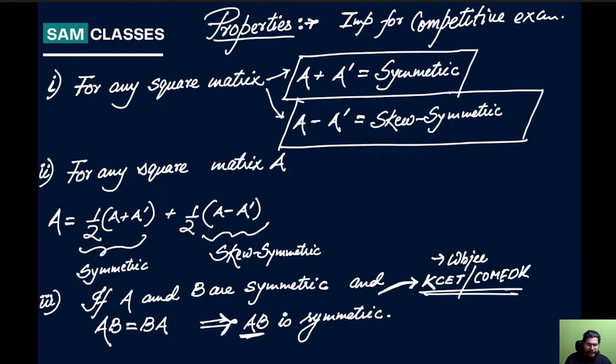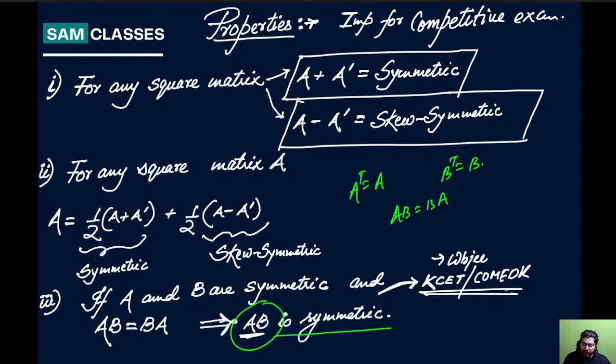Very simple, very easy. Suppose A is symmetric and B is symmetric, meaning A transpose is equal to A, and B transpose is equal to B, correct? And they gave AB is equal to BA. Now they're asking me to show whether AB is symmetric or not.